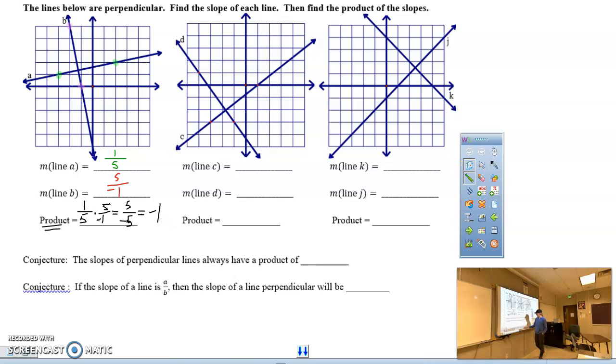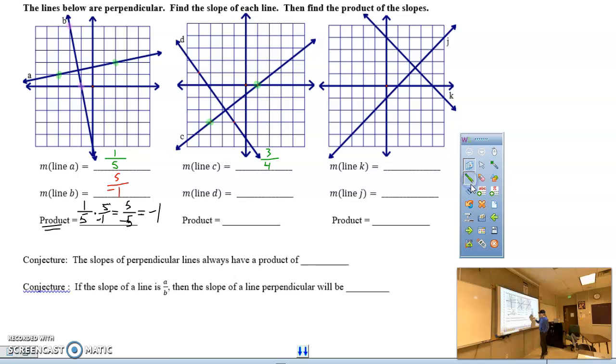Okay, so welcome back. We are going to go through that. So C, this looks like a nice point there, and then another nice point here. So our slope from the bottom going up, you go up 1, 2, 3, and then over 1, 2, 3, 4. So I went up 3 and then right 4.